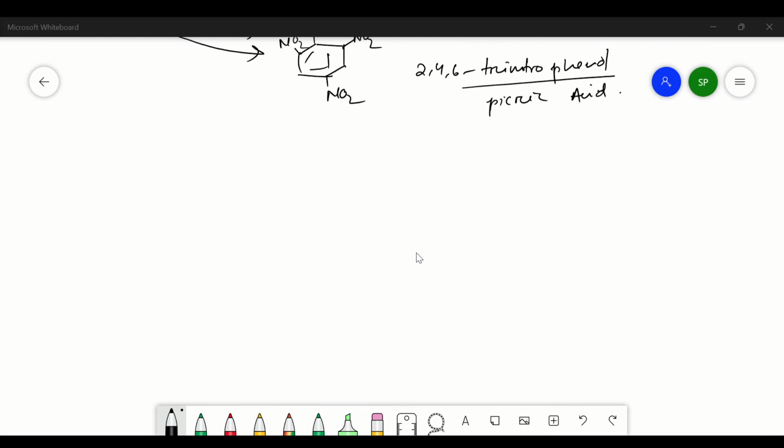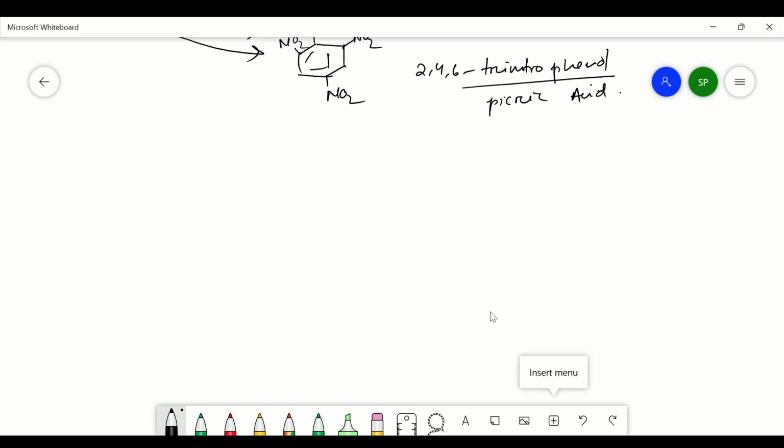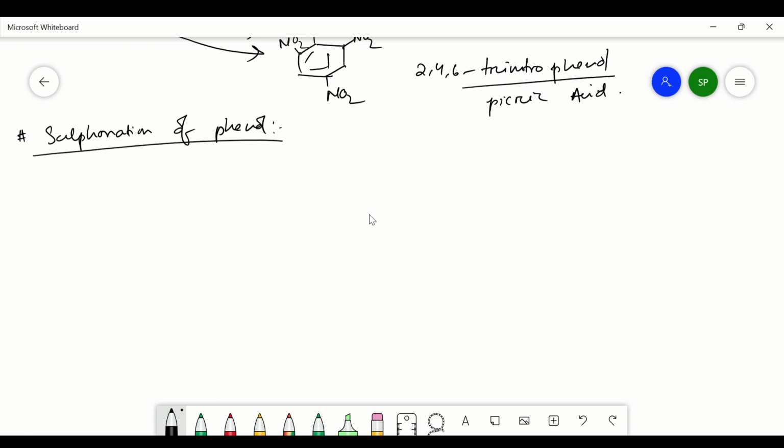The next is sulfonation of phenol. Sulfonation is also one type of electrophilic substitution. So first of all, there will be generation of the electrophile. If we consider the structure of sulfuric acid, this will be OH, and as this is an acid, there will be H plus in the solution.